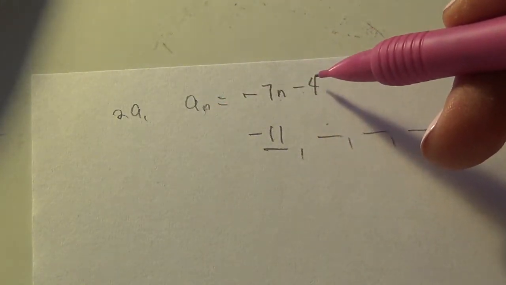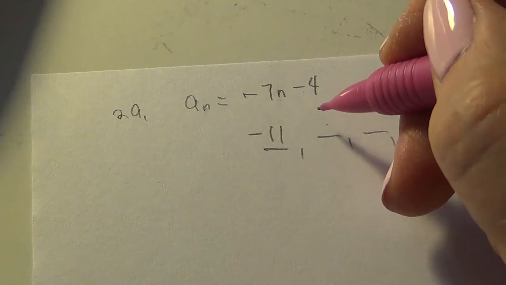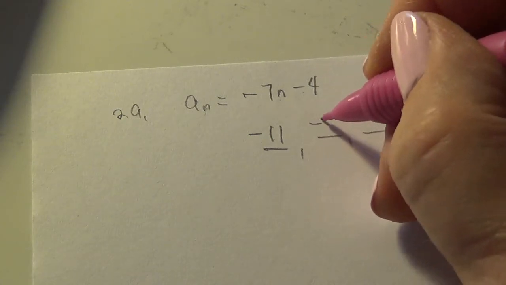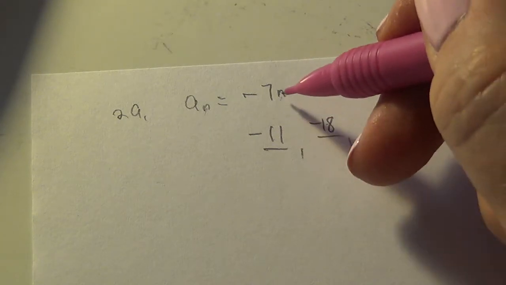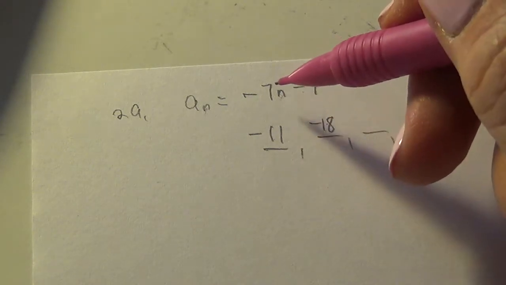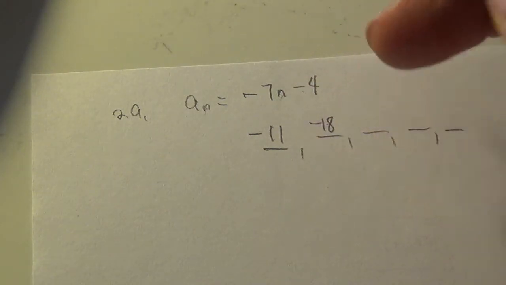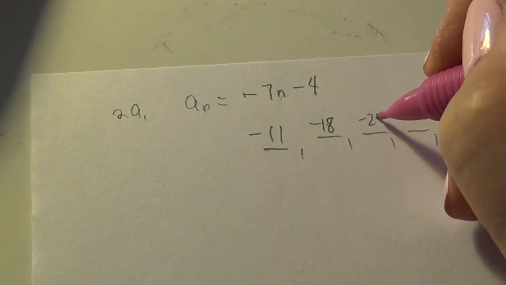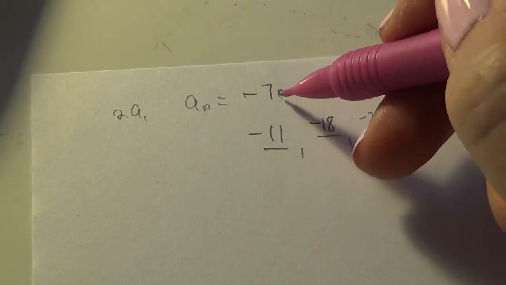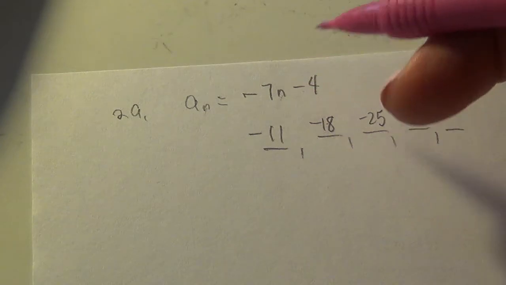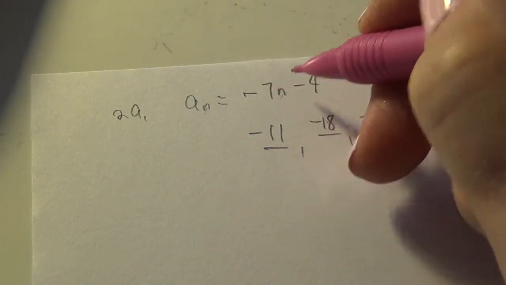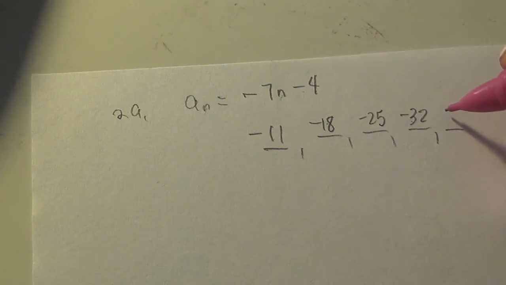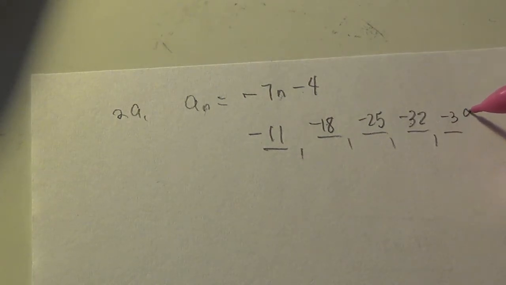Negative 14 minus 4, negative 18. I put in a minus 3. I'm sorry, I put in a positive 3. And I get a minus 21 minus 4. Fourth term minus 28 minus 4, and the fifth minus 35 minus 4.